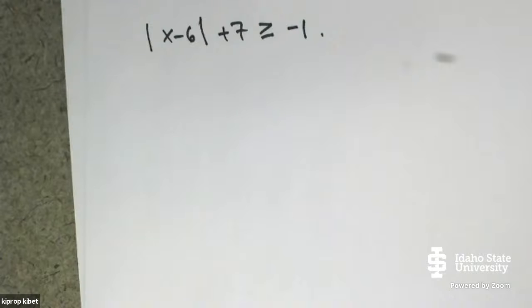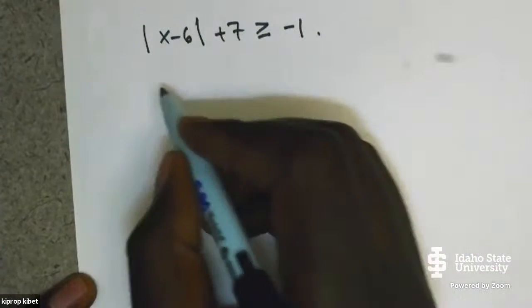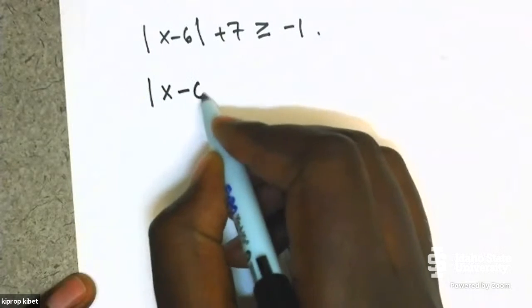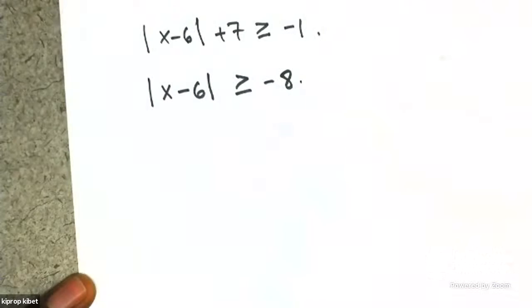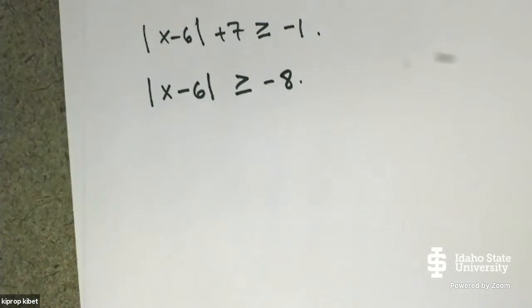So first of all, you take this one to the other side. The absolute value of x minus 6 is greater than or equal to minus 8.